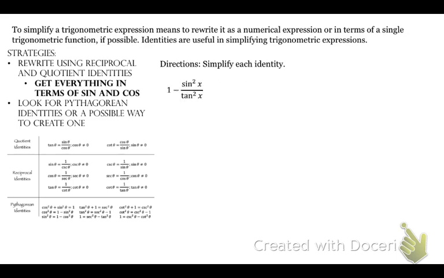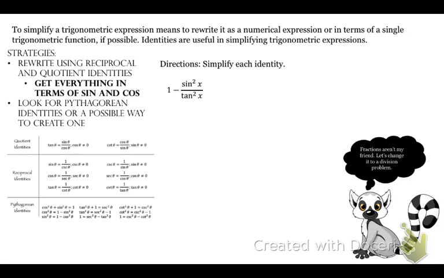Okay, let's do this one. So 1 minus sine squared of theta over tangent squared of theta. Again, start by getting this in terms of sine and cosine. Fractions aren't super cool though, so before we do that, let's just rewrite this as a division problem.